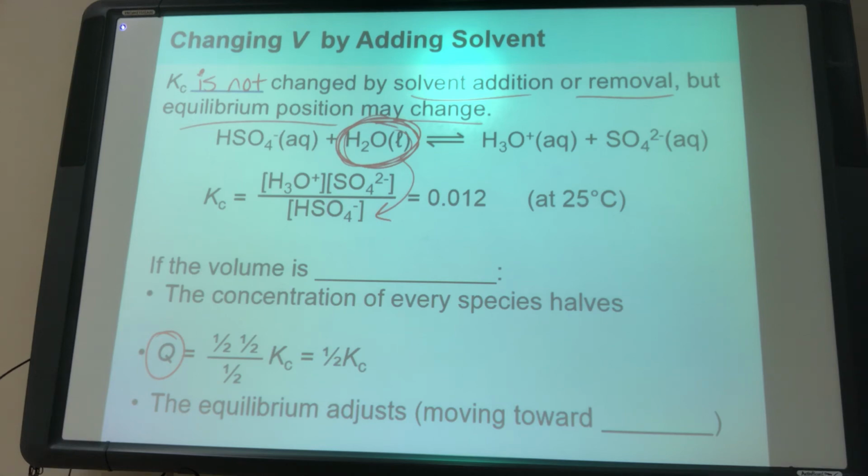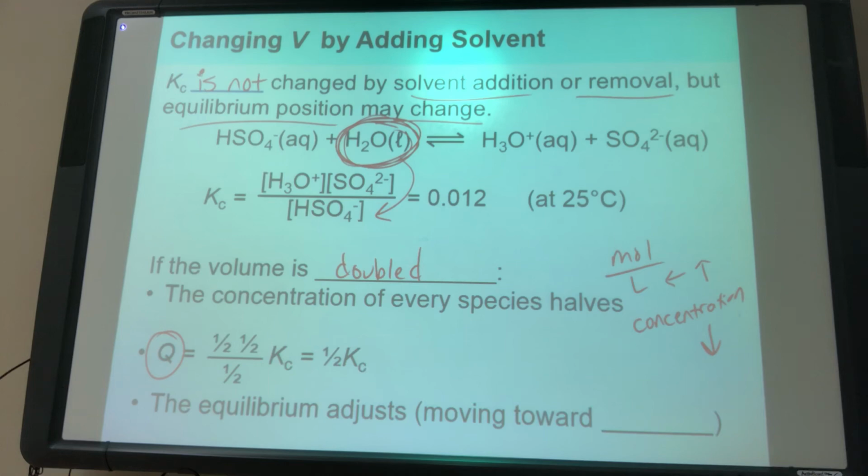So if the volume is doubled, okay, so say I add more solvent, I add some more water, so now the volume is doubled. If I increase the volume, so remember moles over liters, if the liters goes up, the concentration goes down because this number's on the bottom.